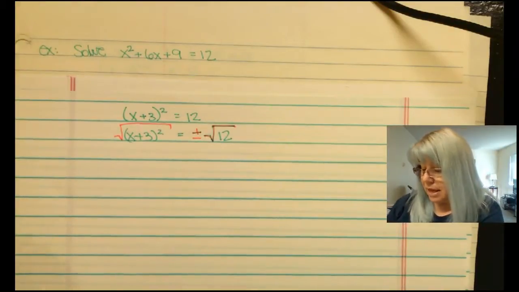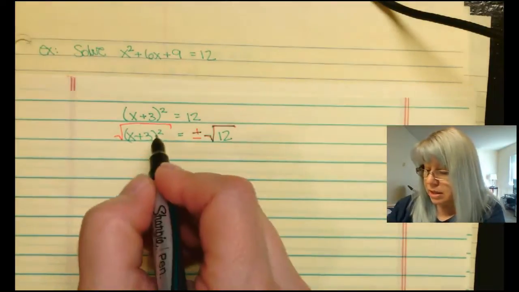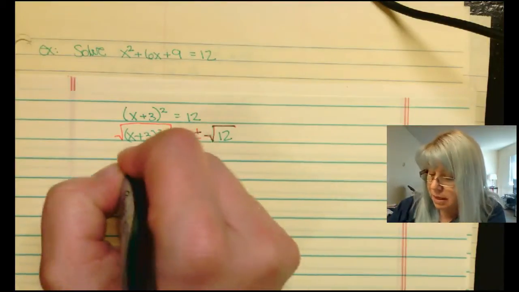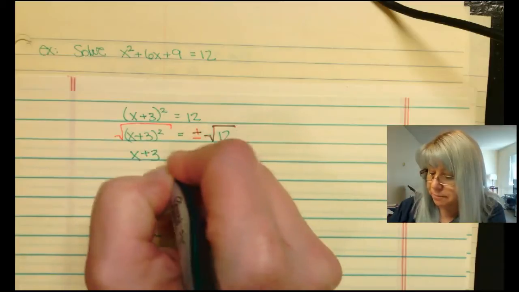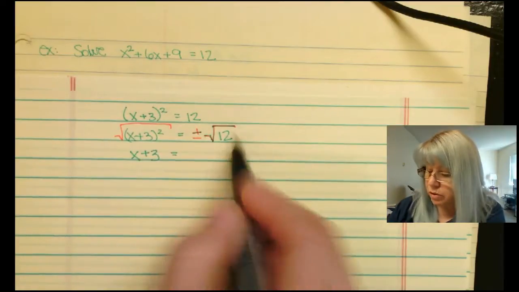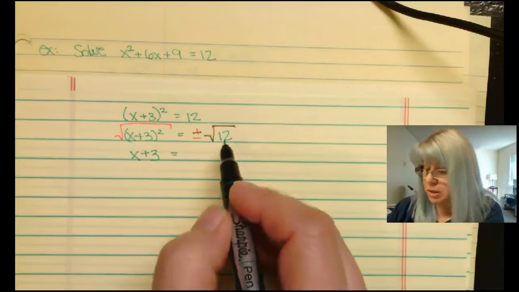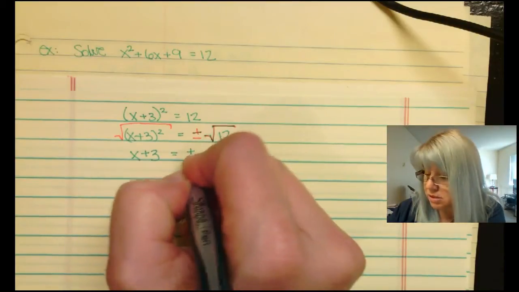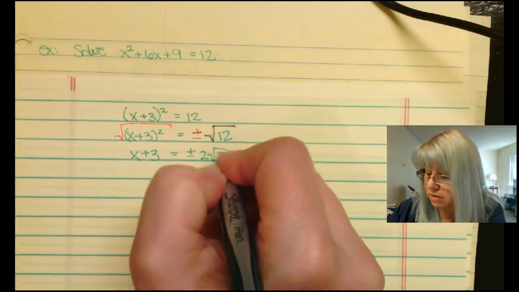All right, as before, the square root will negate the squaring, popping out the x plus 3. And the square root of 12 we can reduce. Well, 12 is 4 times 3, and the square root of 4 is 2, so that's going to be plus or minus 2 square roots of 3.